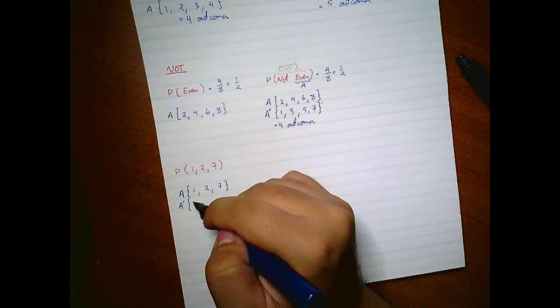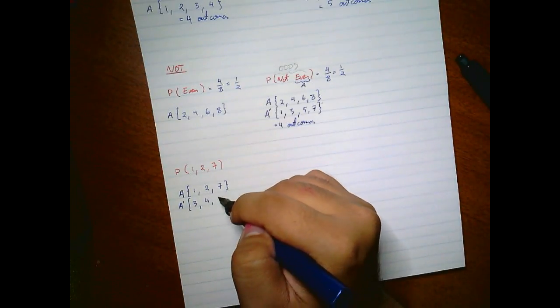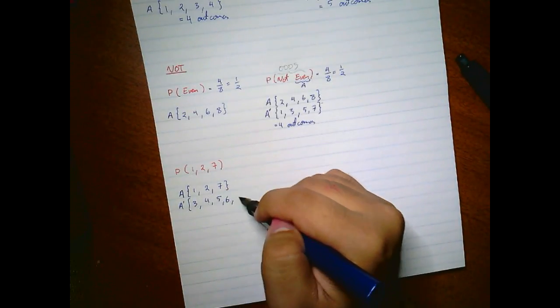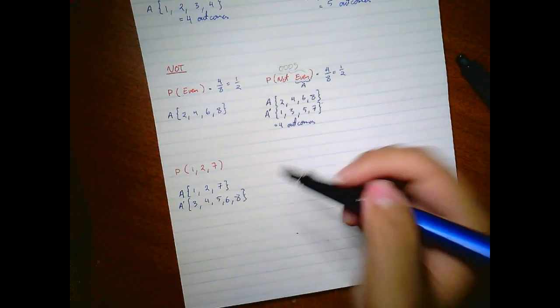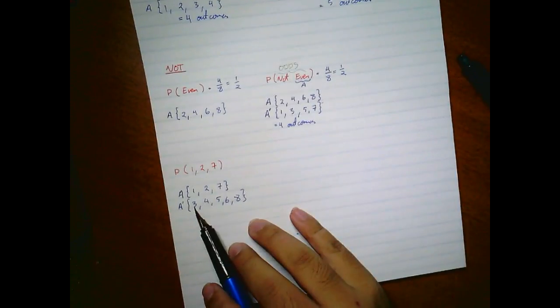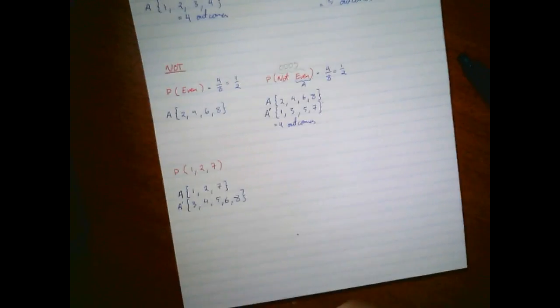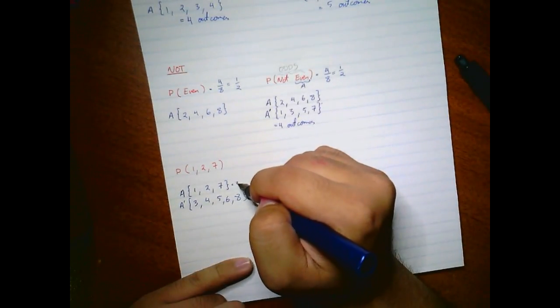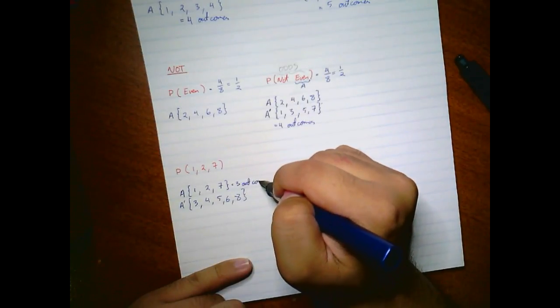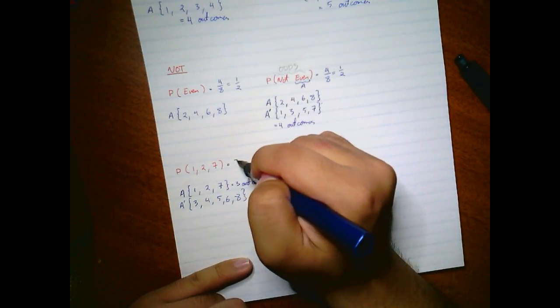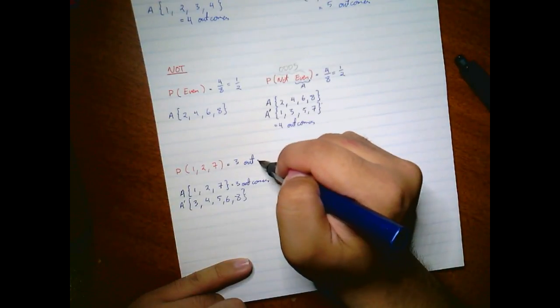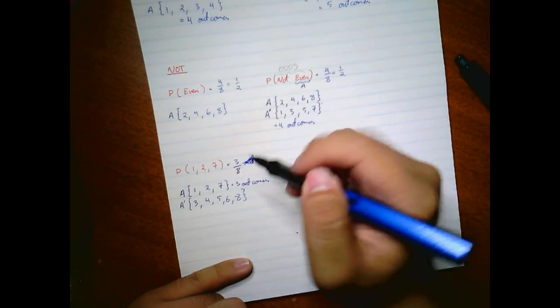Well, 3, 4, 5, 6, and an 8. Now you take a look. The probability of 1, 2, 7 gives us 3 outcomes, that's 3 out of 8.